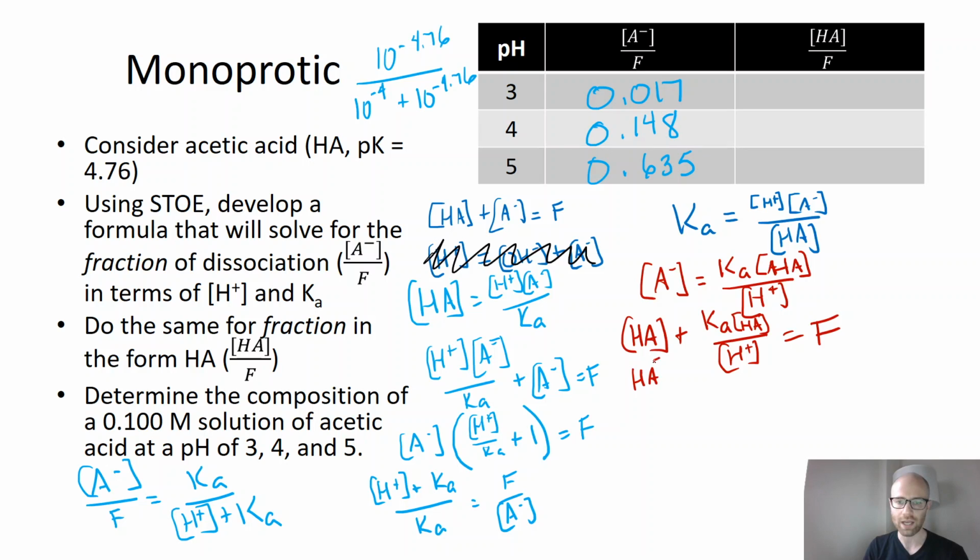We're going to say HA times Ka plus H plus over H plus equals F. Divide over the HA, and then you flip the whole thing, and what we get, and I'm going to write it over here, is HA over F is equal to H plus. I almost wrote the Ka expression.